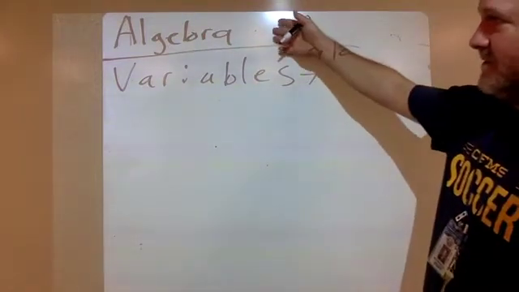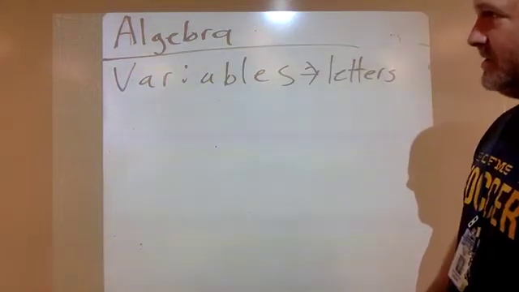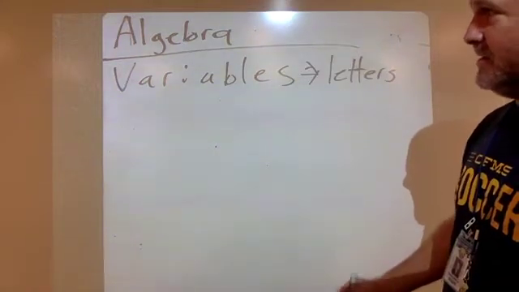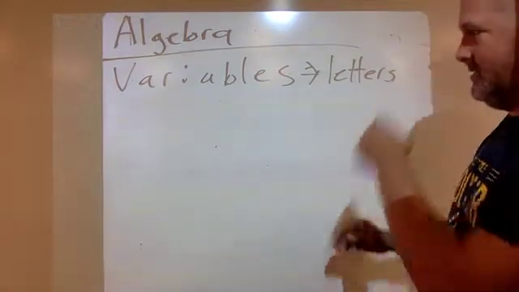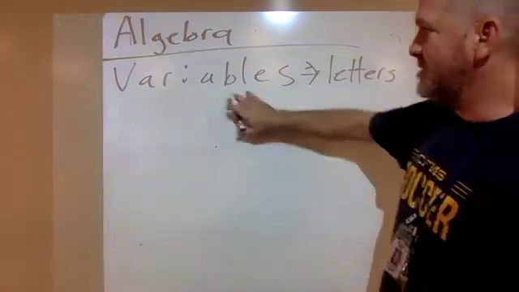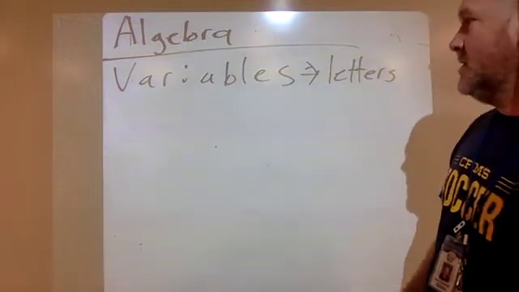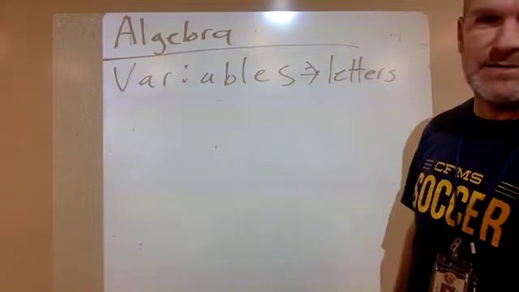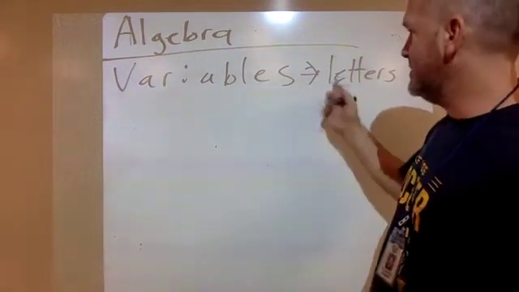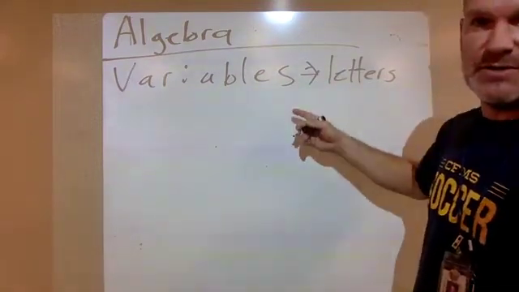If you look up the definition of algebra in a dictionary or on this thing called the internet, you may get a few different answers, a few different interpretations, definitions. I like to boil it down to: algebra means now math has letters in it. Yes, and those letters are called variables if you want to be technical.